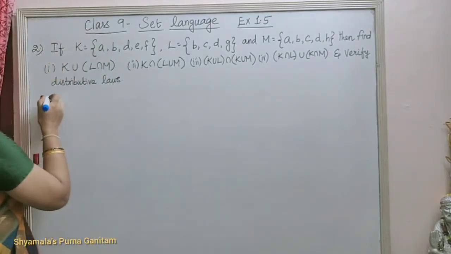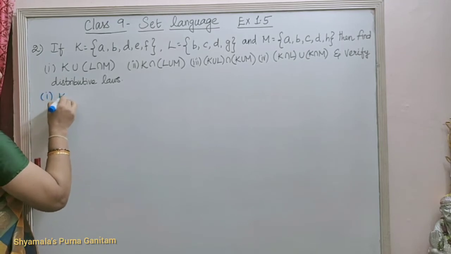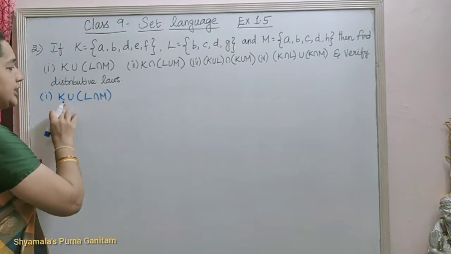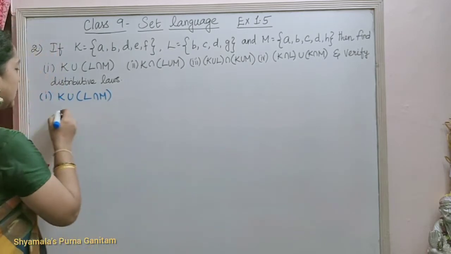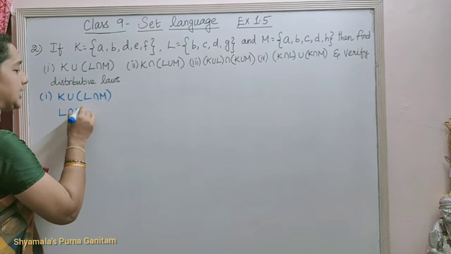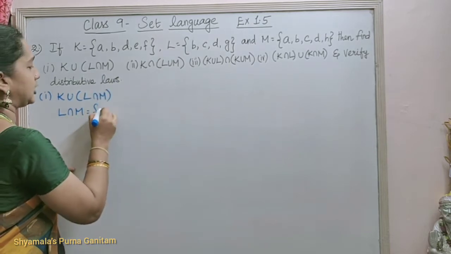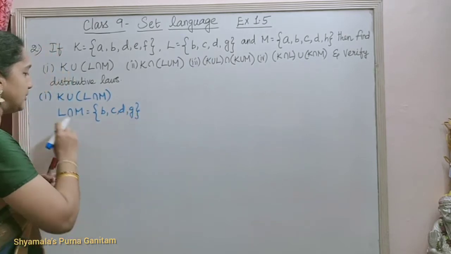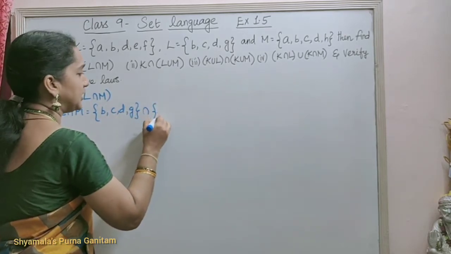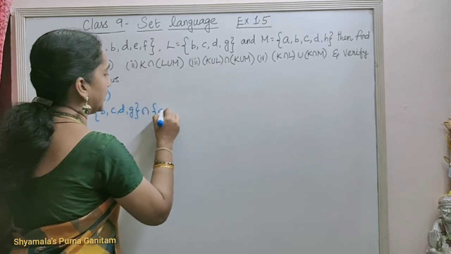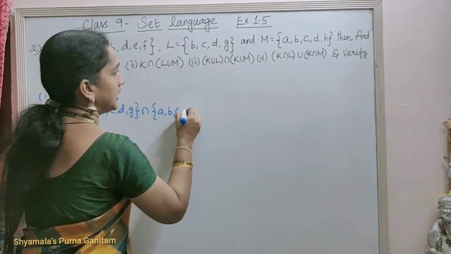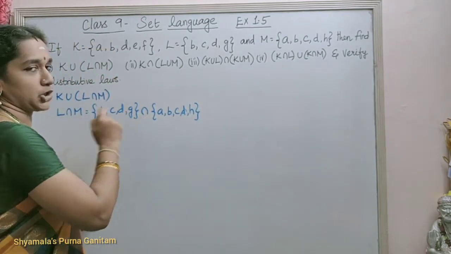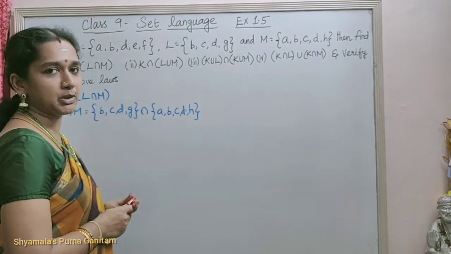Now, the first sum is K union L intersection M. First we will find L intersection M. The set L is B, C, D and G. These are the elements of L. Intersection M: the elements of M are A, B, C, D and H. Intersection means common elements between both the sets.